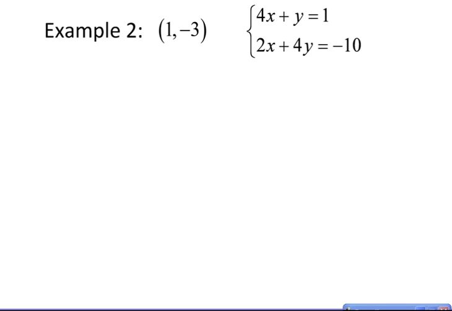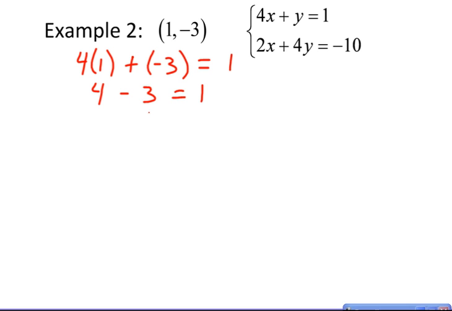All right, let's take a look at the next example. We're going to plug (1, -3) into the first equation. 4 times 1 plus negative 3 equals 1. Four minus 3 is 1. 1 equals 1. So that ordered pair works for that equation. Now we have 2 times 1 plus 4 times negative 3.